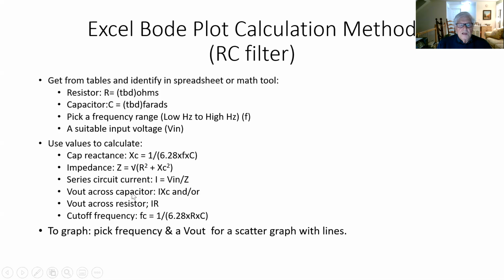And so the voltage output across the capacitor is just going to be that current times the capacitive reactance. And if we want an output across the resistor, then it's simply the current times the resistance. Okay, and our critical crossover frequency is at 1 over 2 pi times RC.